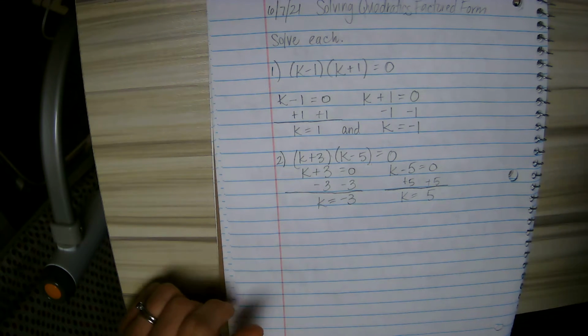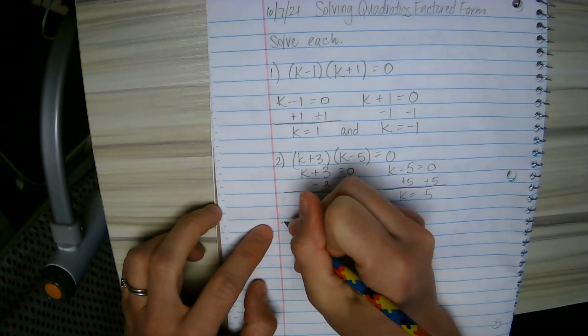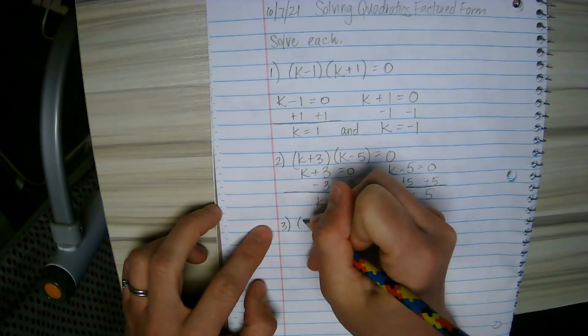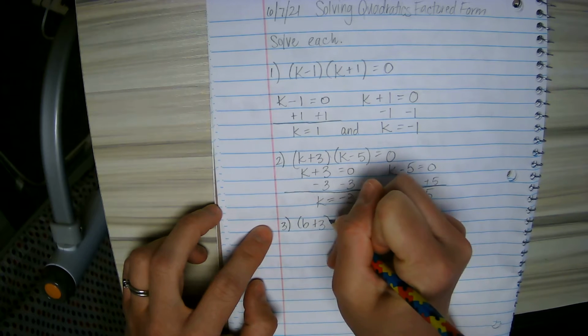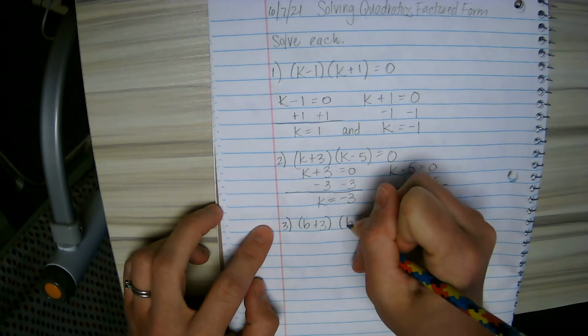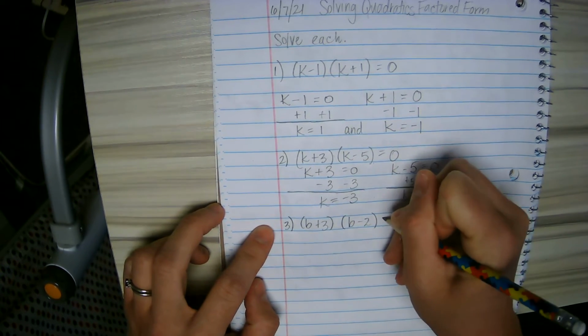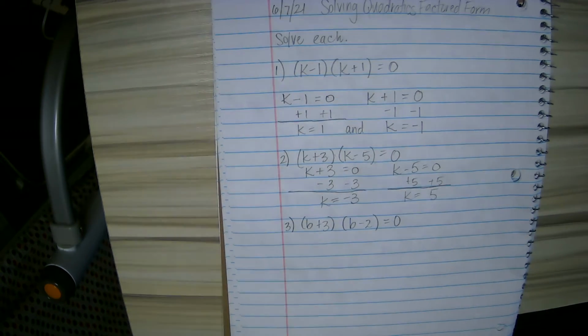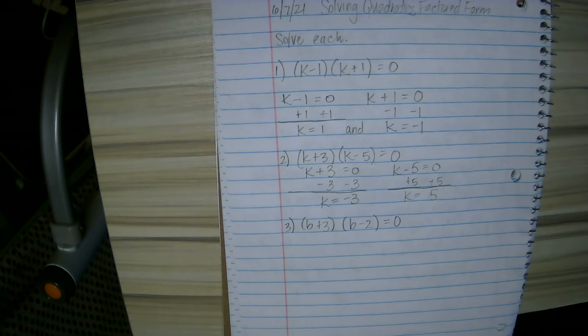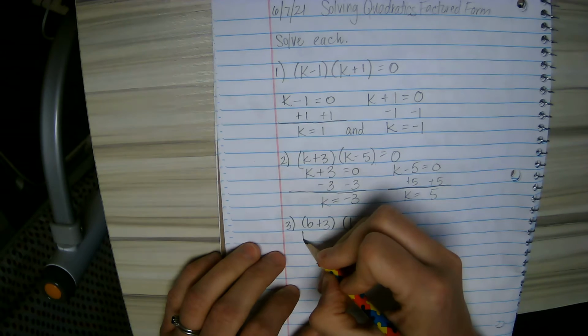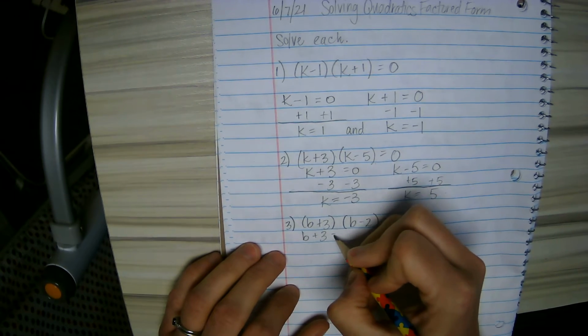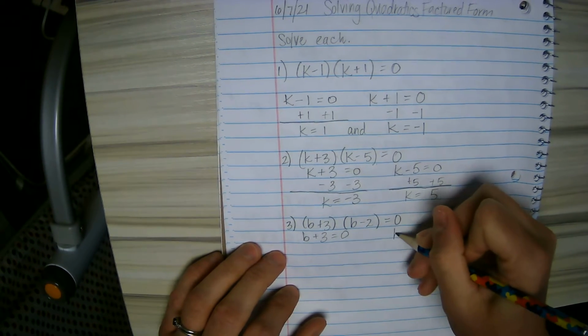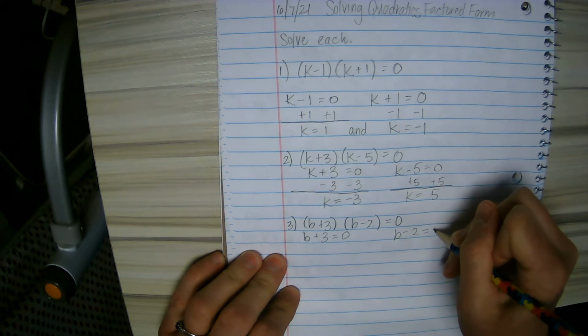Alright, let's just do a couple more. You try this one. B plus 3, b minus 2. So remember, you're setting it up. B plus 3 equals 0. B minus 2 equals 0.